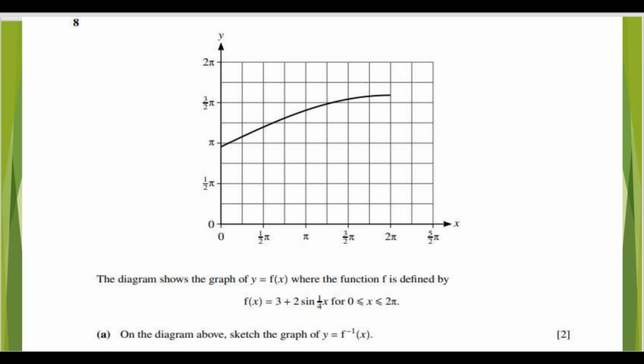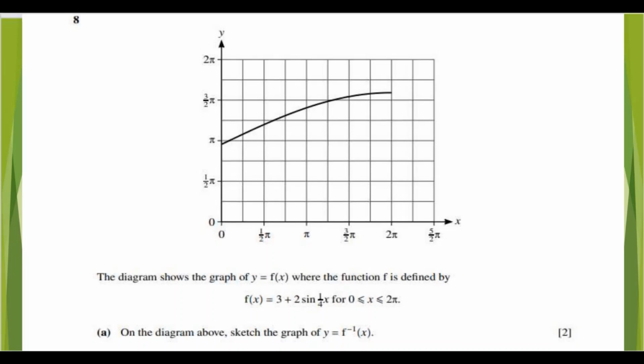This is another question from the same question paper. The diagram shows the graph of y is equal to f of x, where the function f is defined by f of x equal to 3 plus 2 sine 1 over 4x. On the diagram above, sketch the graph of y is equal to f inverse of x.